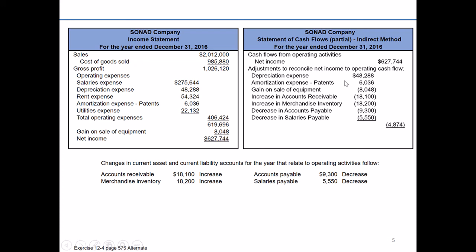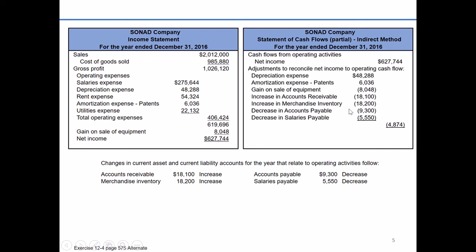So we're going to look at depreciation expense of $48,288, amortization of $6,036. Those are inflows, minus gain on sale of equipment of $8,048, minus the increase in accounts receivable, $18,100, minus the increase in merchandise inventory of $18,200, minus the decrease in accounts payable of $9,300, and finally, last and not least, the decrease in salaries payable of $5,550.